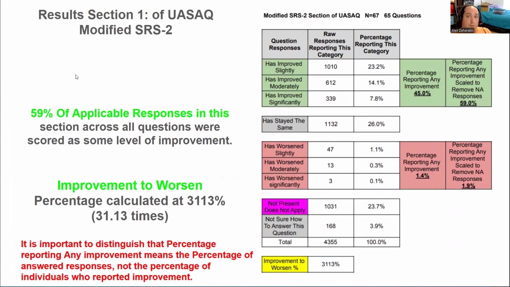So here are the results of the first section, and we're going to present these results in different ways, right? Hopefully we don't get lost in the analytical assessment of what's going on.